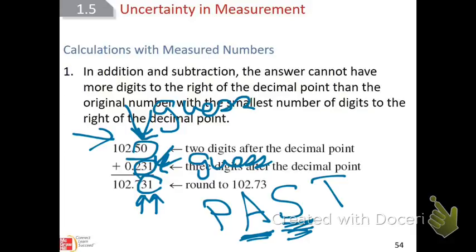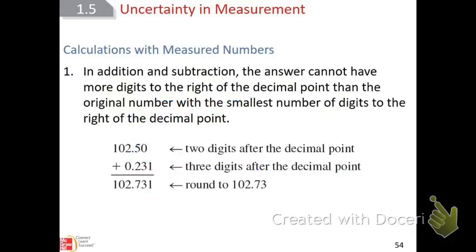And since it's going to be spread out, then you don't look past your decimal. You look at total digits when you are multiplying or dividing.